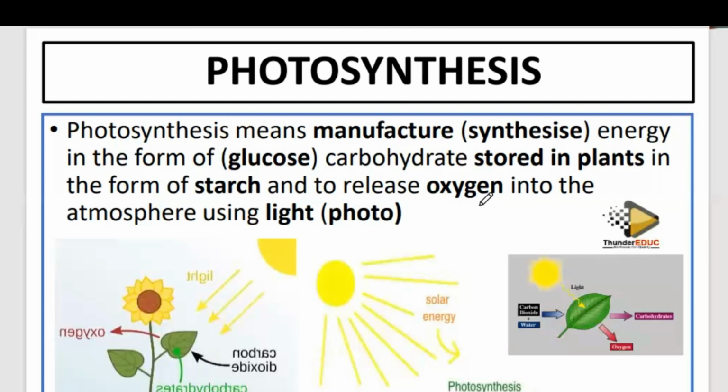Number one, by getting the glucose the plants have manufactured so that we become full and energetic. Number two, we use the oxygen the plants produce, because to break down this food which has been manufactured, you require oxygen.